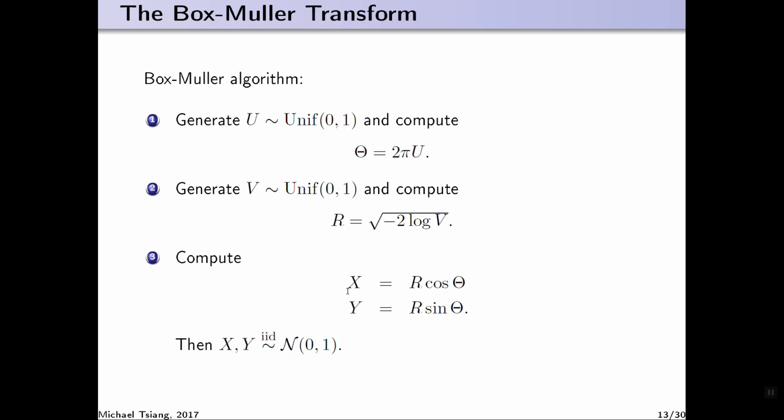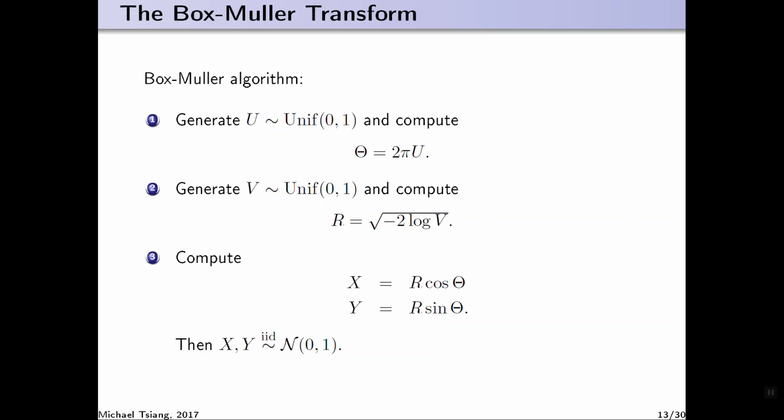And so you might wonder, why doesn't the computer use this? And the reason is that calculating the cosine and the sine and the log is slightly computationally expensive. The log is a transcendental function, and so we take for granted calculating the log on the computer as an easy thing to do, but the computer actually has to work a little bit hard to get you the log of some number.